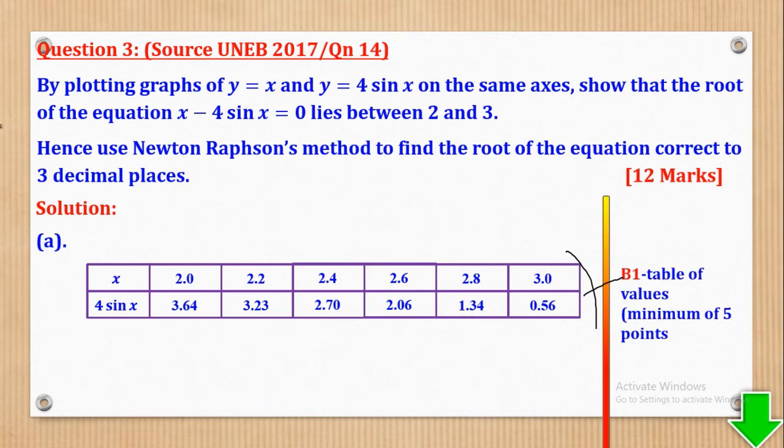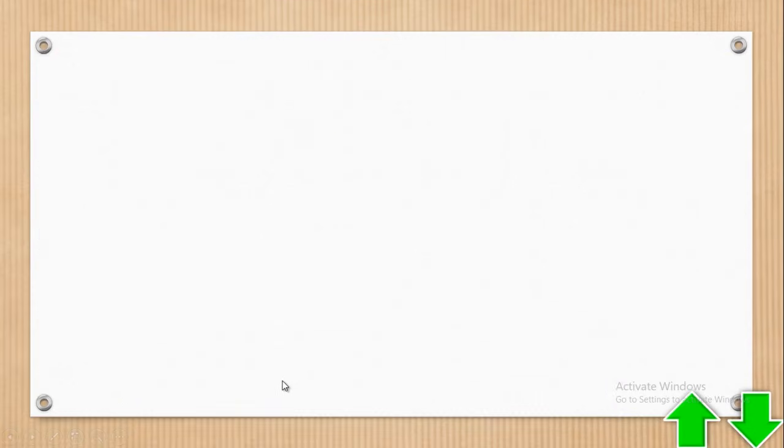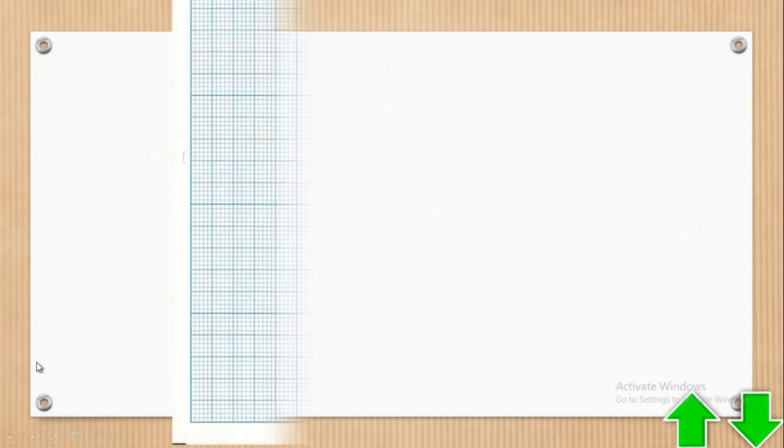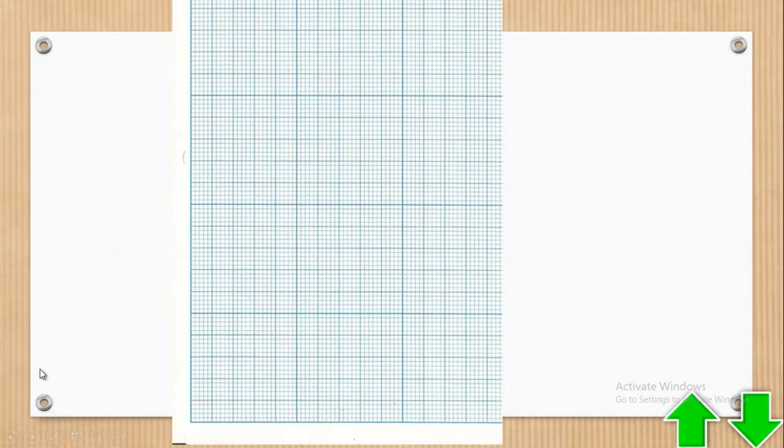So next is to plot our graph. So to plot, you need a graph paper. So let's first get a graph paper. So after getting the graph paper, you need to label the axes, x and y axis.